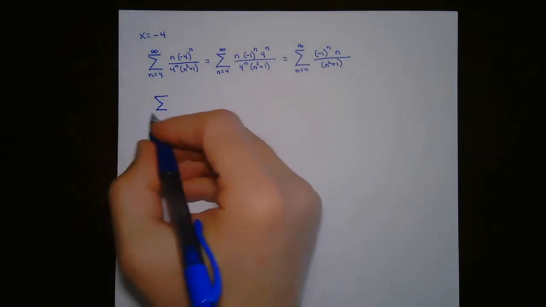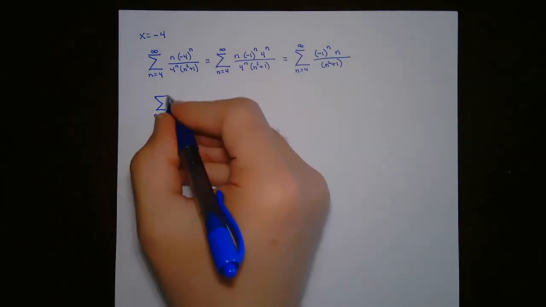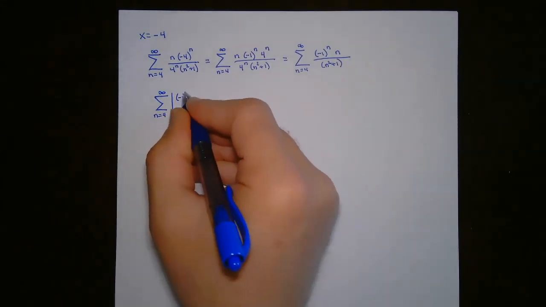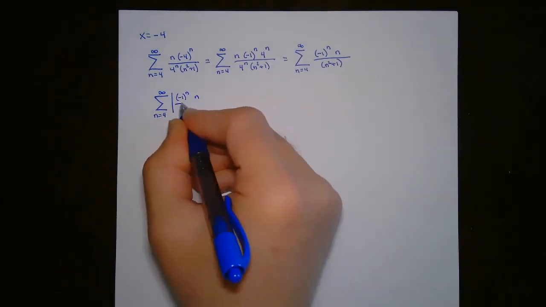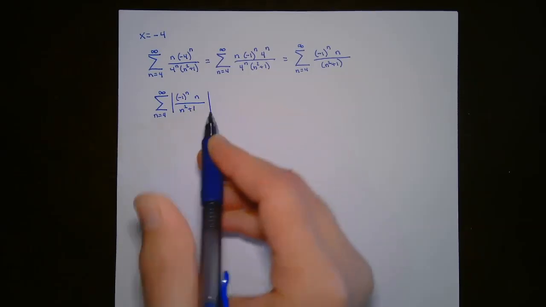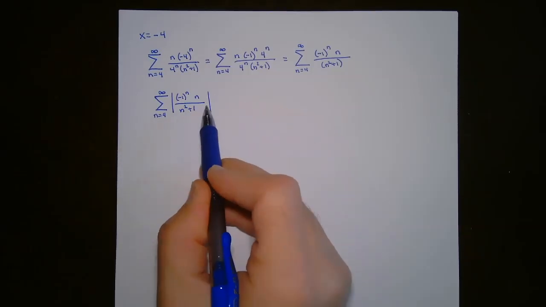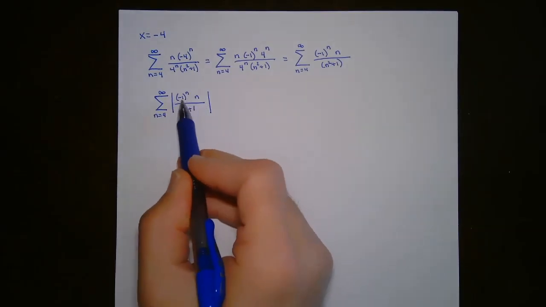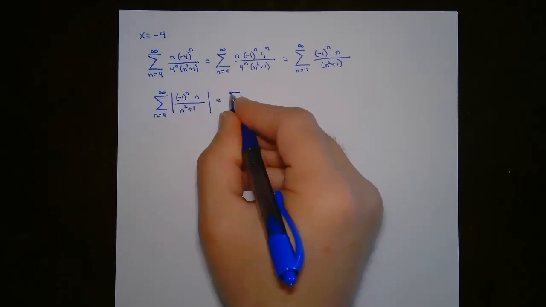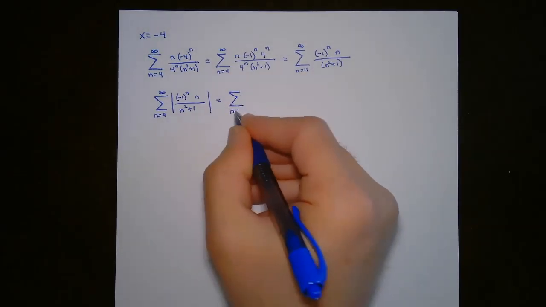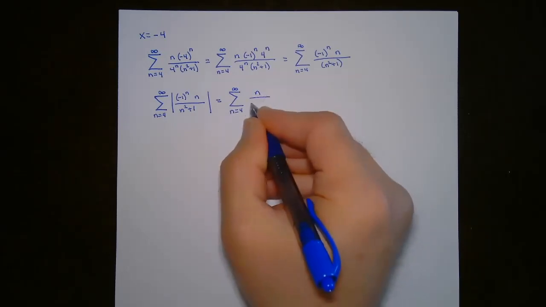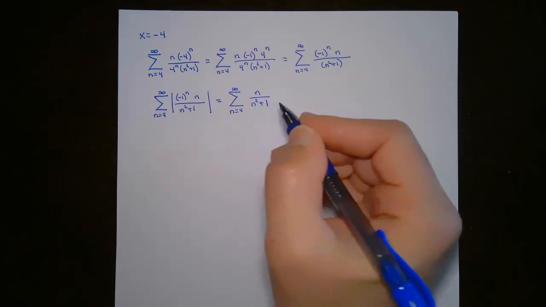So the sum from n equals 4 to infinity of the absolute value of negative 1 to the n times n over n squared plus 1. Now when we take the absolute value, this is going to go away. We're not going to be alternating anymore, right? So this becomes the sum from n equals 4 to infinity of n over n squared plus 1.